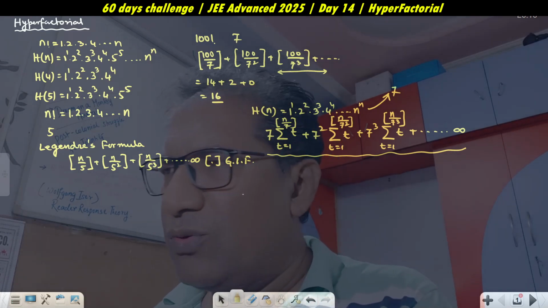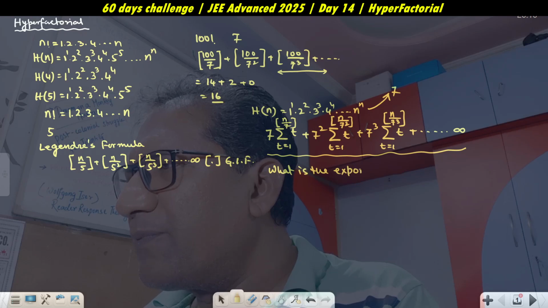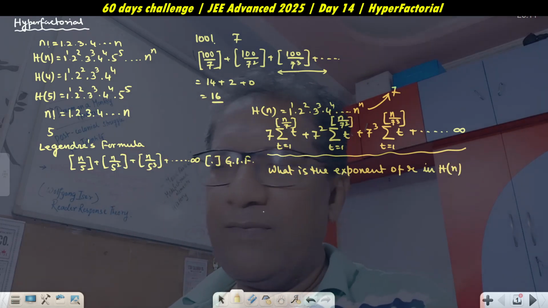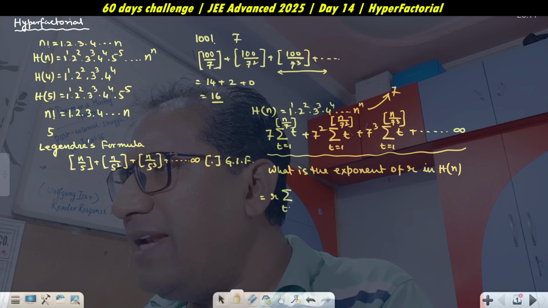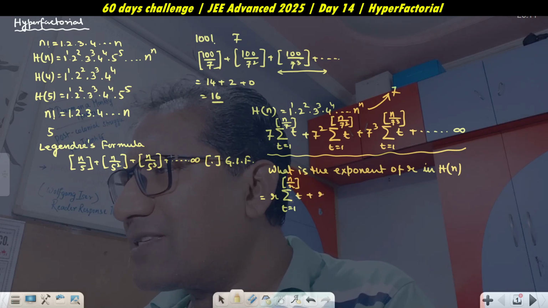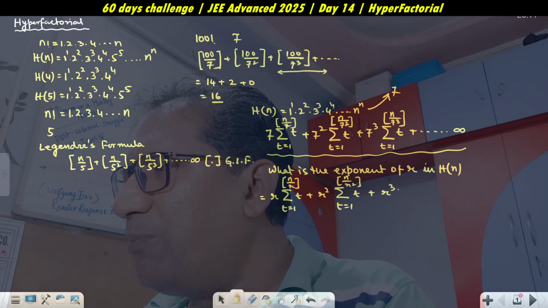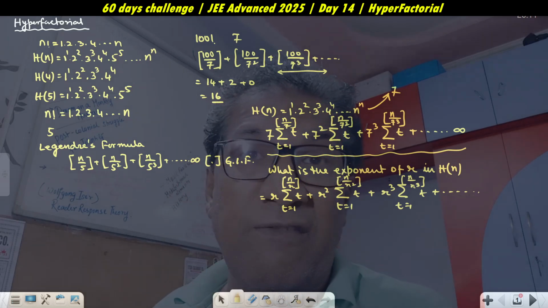If I want to find out the exponent of R in hyperfactorial n, you will simply write this as R sigma t starts from 1 to floor of n by R t plus R square sigma t starts from 1 to floor of n over R square t plus R cube sigma t is from 1 to floor of n by R cube t, and this thing goes on till infinity.